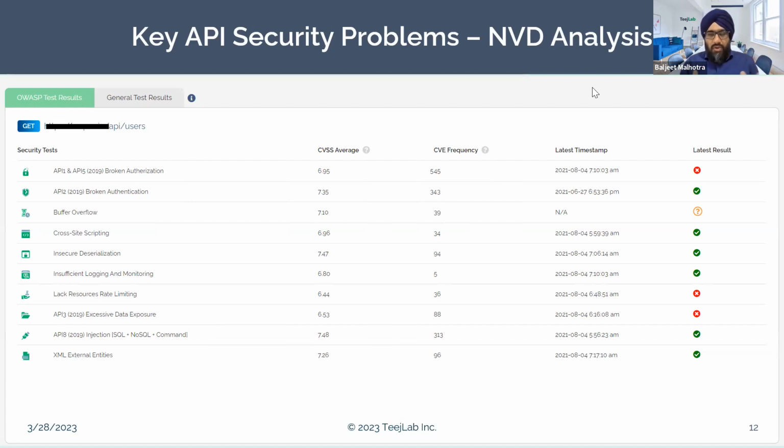So the next question was, which API specific problems? Again, we didn't want to reinvent the wheel. So we took OWASP top 10 recommendations, and we started mapping these API specific problems to them, authentication, authorization, and other kinds of problems, even going beyond OWASP recommendations.